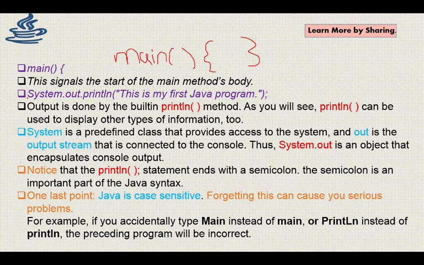So this is also a class if you look at it, right? So it's System, and out is the output stream that is connected to the console, like our command prompt console. So System.out is an object that encapsulates console output.